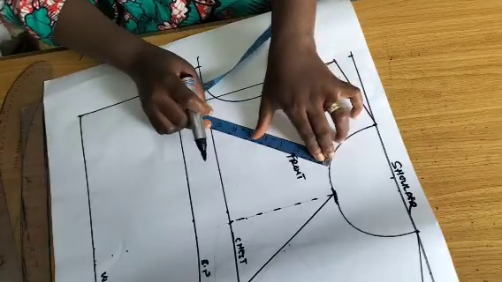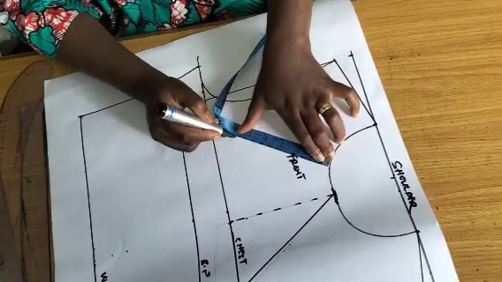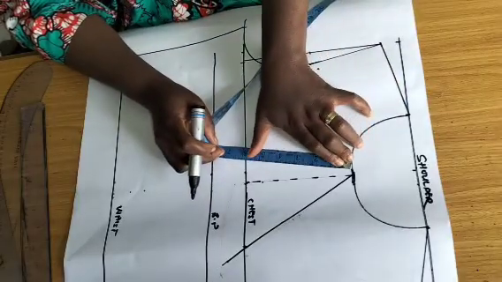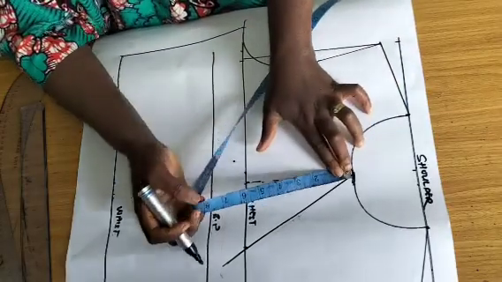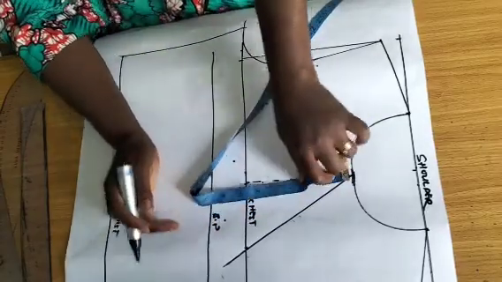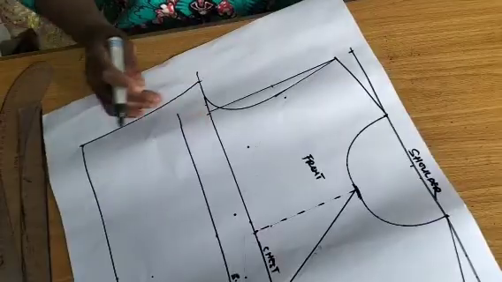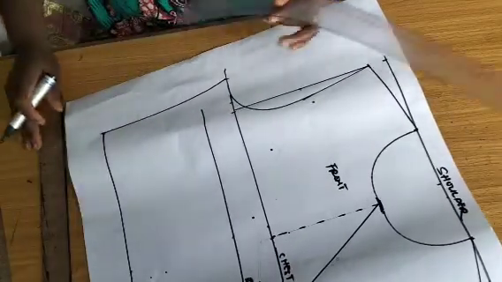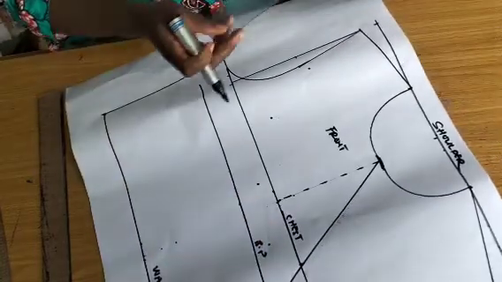As I'm getting to the center front, I'll start marking my cape at 5.5, then at 6.5, then at 7 inches. So we've already gotten to the point that we need the cape to point to.